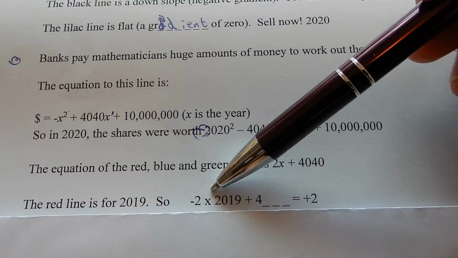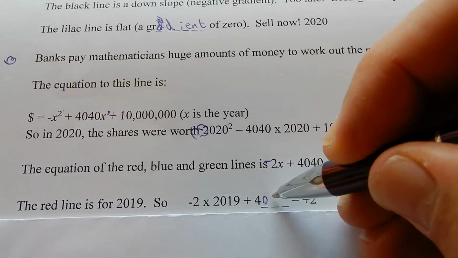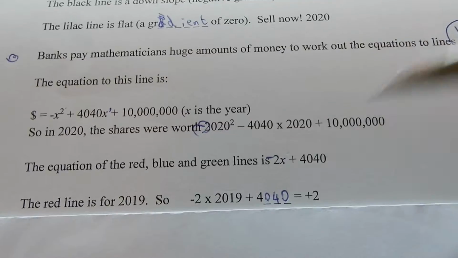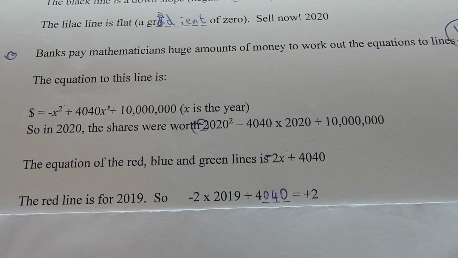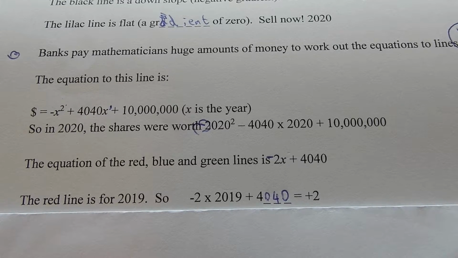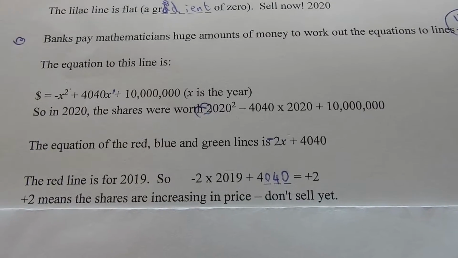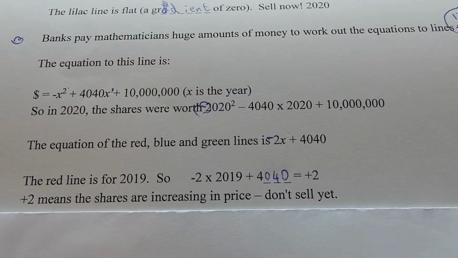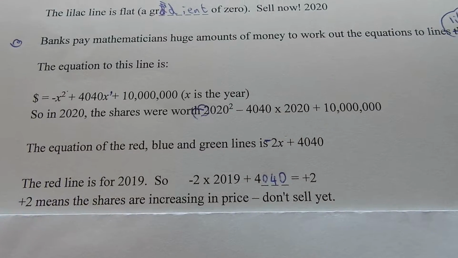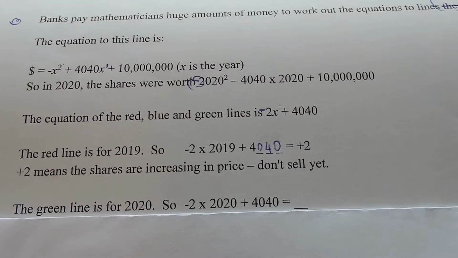Minus 2 times 2019 plus 4040 equals plus 2. The gradient is plus 2. It's going up. Plus 2 means the shares are increasing in price. Don't sell yet.